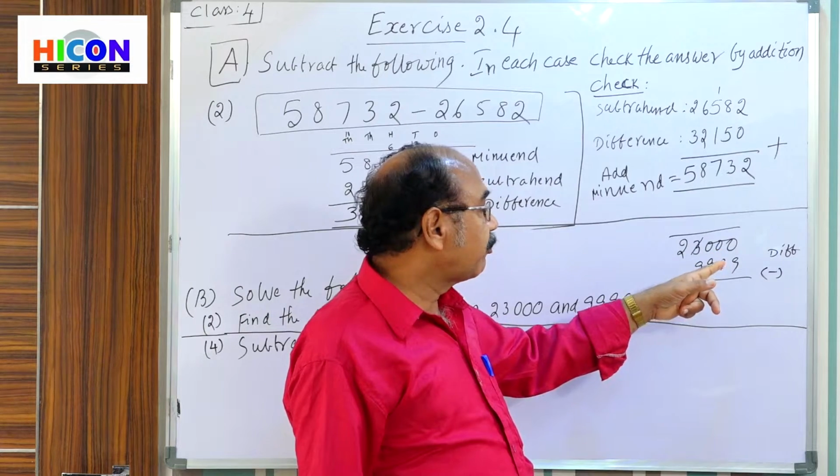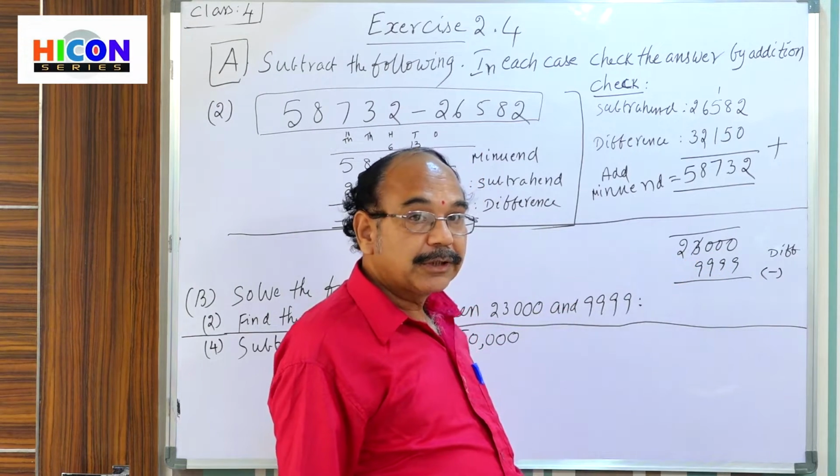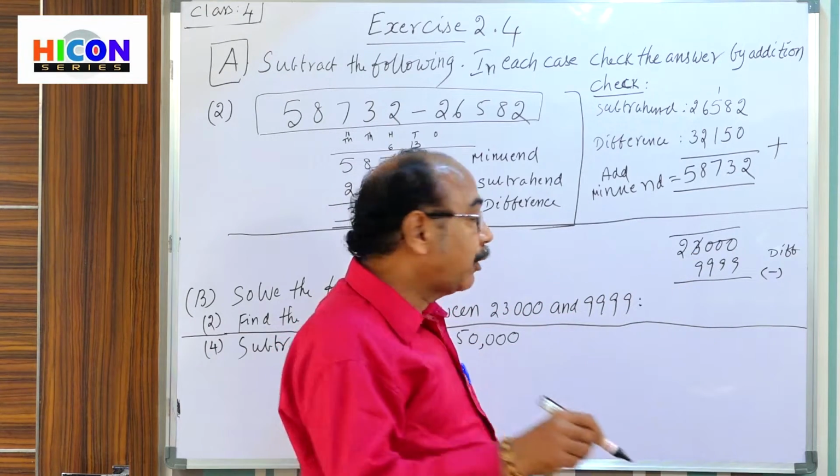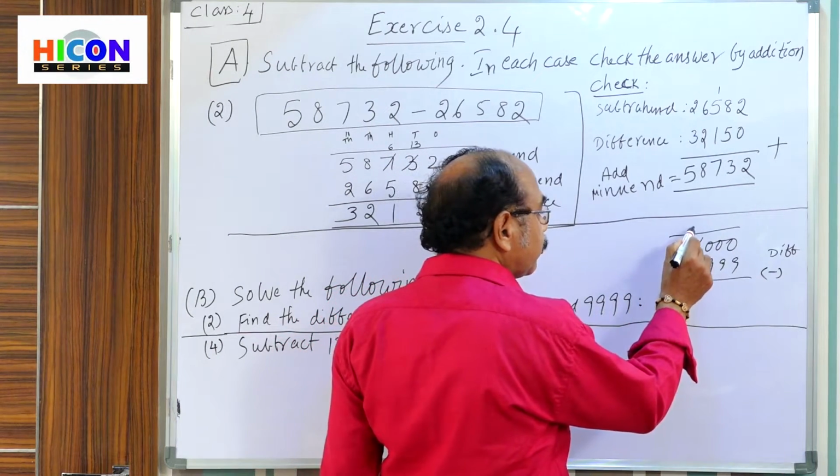So we can get borrow from the thousands place. Here in the thousands place, what is there? 3 is there. Now 3 is giving the borrow. That's why 3 becomes 2.